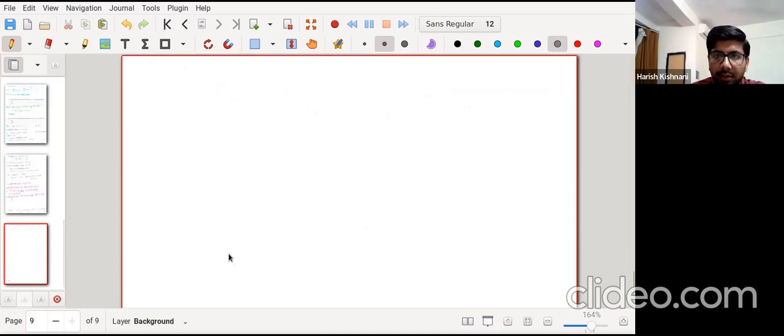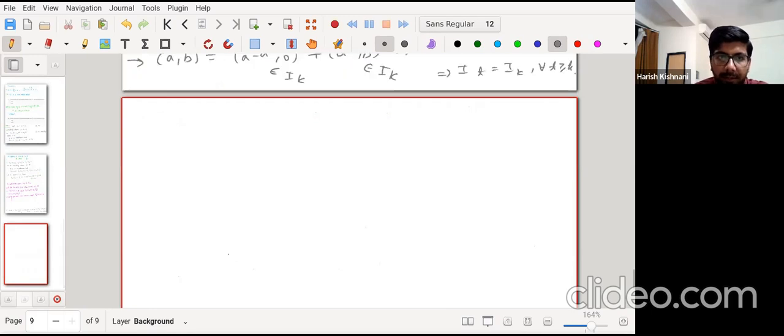And that will imply that your P cross Q is a Noetherian ring.